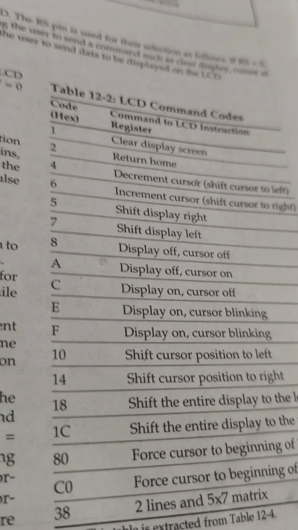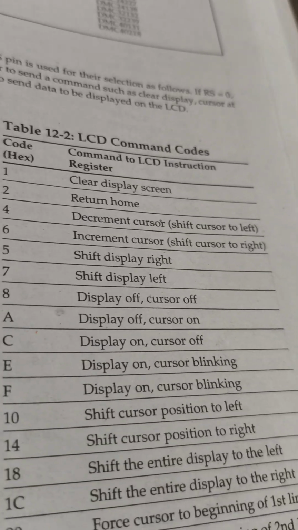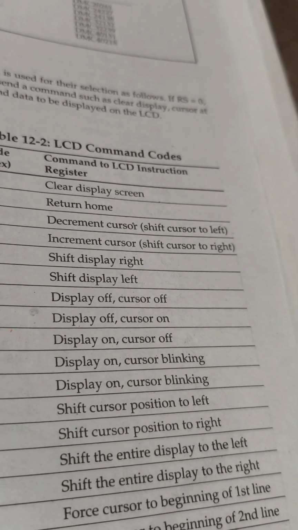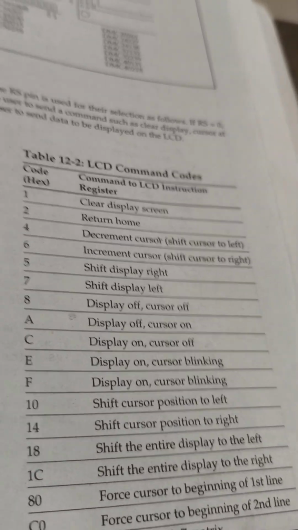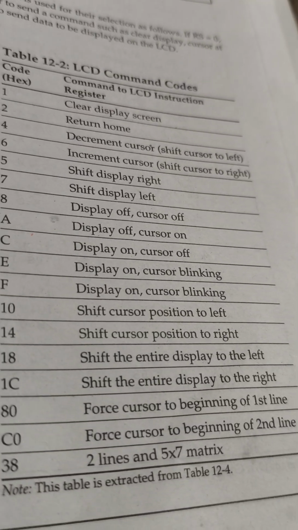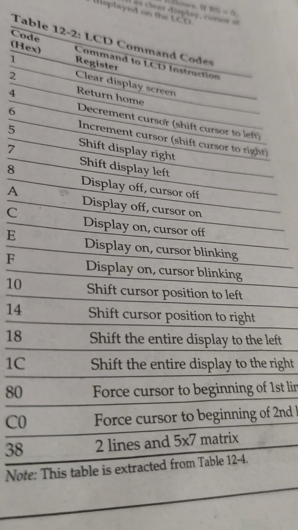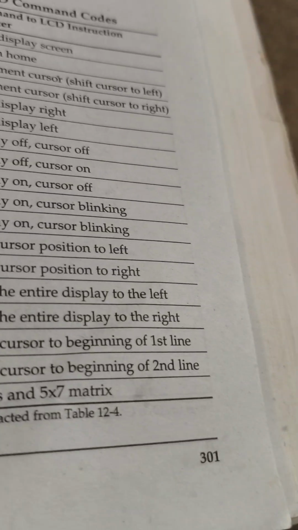Blinking means, in the lab we have done the interfacing of LED blinking with the 8051 microcontroller. Using the microcontroller, we learned how to interface an LED, how to blink it, and also how to change the colors of the LEDs.